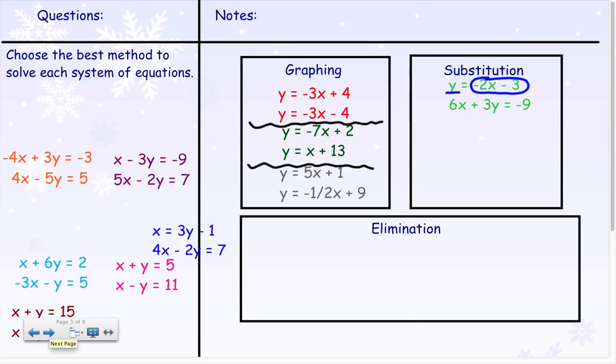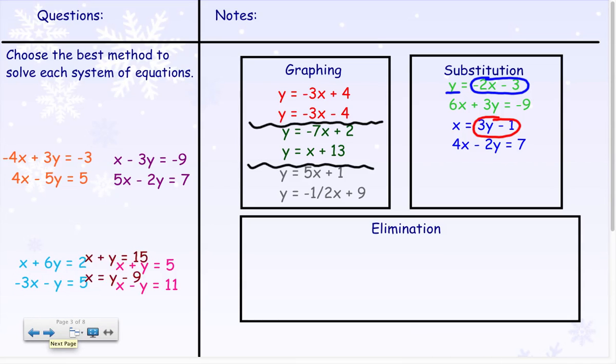Other ones where we have a variable by itself on one side are this one, where I would be circling this, and this one, where I would be circling this. So I would write down 2 of those 3 systems.